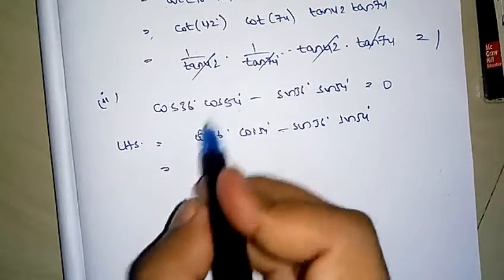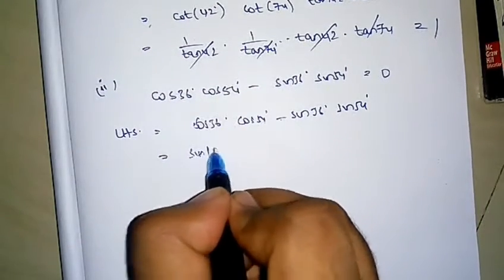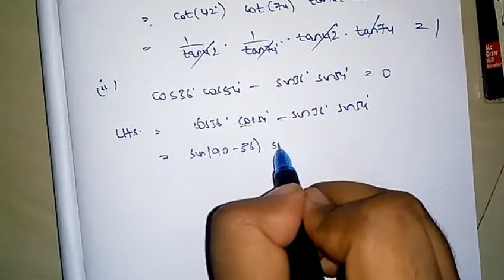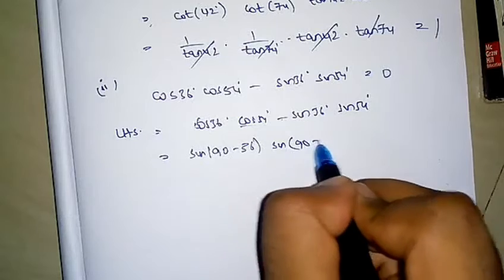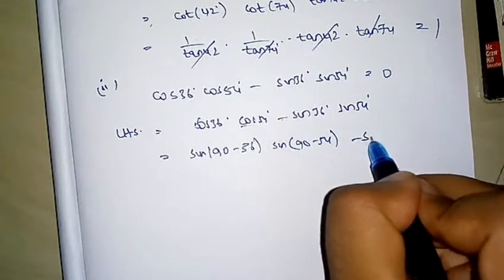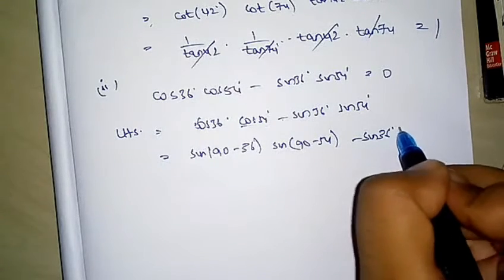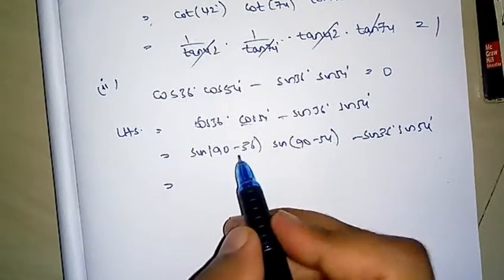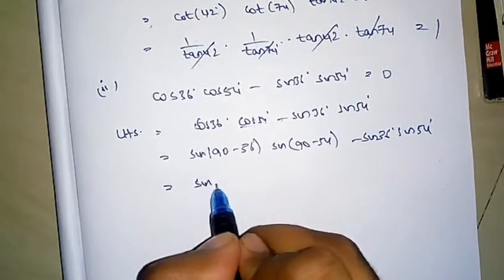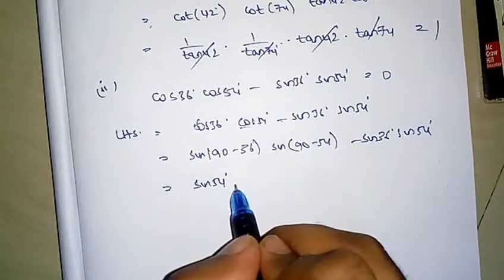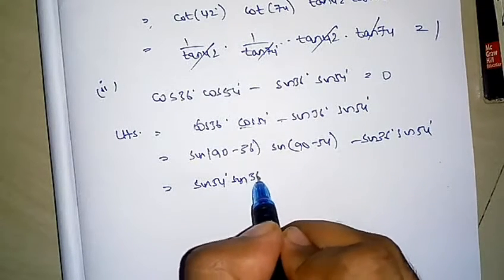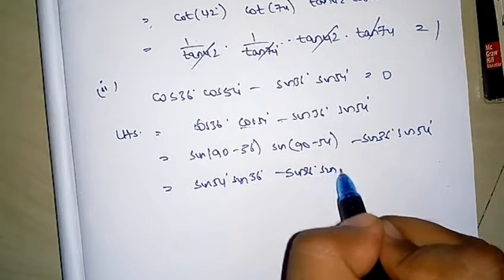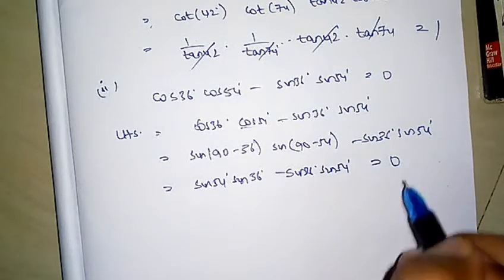Cos 36 can be written as sin (90 minus 36), into cos 54 can be written as sin (90 minus 54), minus sin 36 into sin 54. Sin (90 minus 36) is sin 54, sin (90 minus 54) is sin 36, so sin 54 into sin 36 minus sin 36 into sin 54, which is equal to 0.